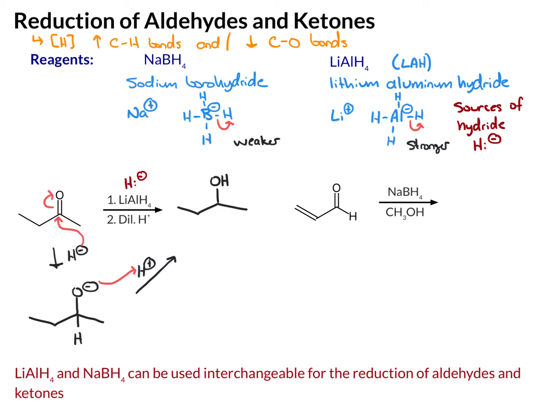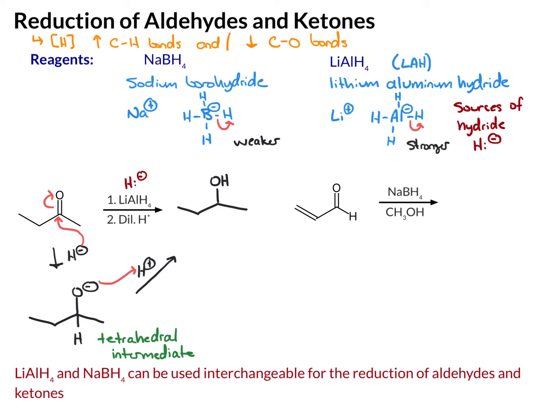So here we have reduced the carbonyl to an alcohol. This intermediate along the reaction pathway where you have the negative charge on the oxygen, this is known as a tetrahedral intermediate. And we're going to be seeing this intermediate throughout the various reactions that we talk about in this chapter.